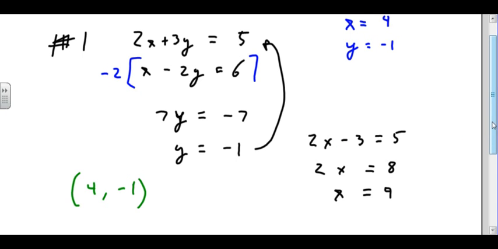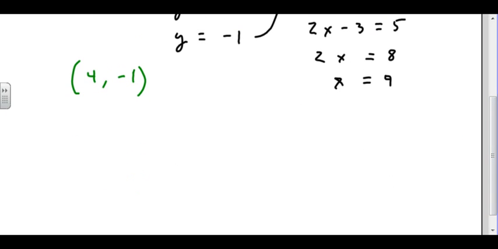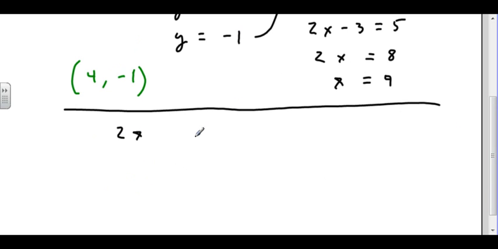Now I could have done it by substitution, so I'm going to do it by substitution. So I'm doing it over again: 2x plus 3y is equal to 5, and I've got x minus 2y is equal to 6.